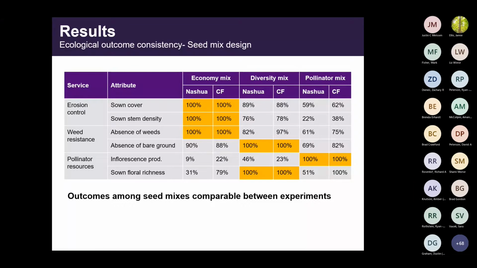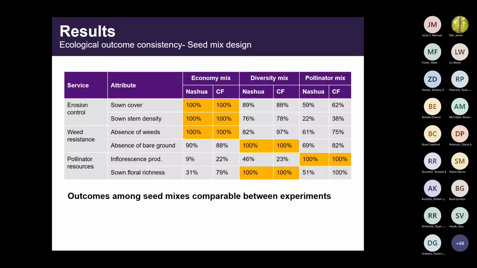And other seed mixes are scored as a relative proportion of the highest value. So for example, in the first row for erosion control and sown cover, the economy mix produced the highest cover in both experiments, with the diversity mix producing 89% of the cover that the economy mix produced in the Nashua experiment, and 88% of the cover that the economy mix produced in the CF experiment. And then so on and so forth for each variable and experiment site.